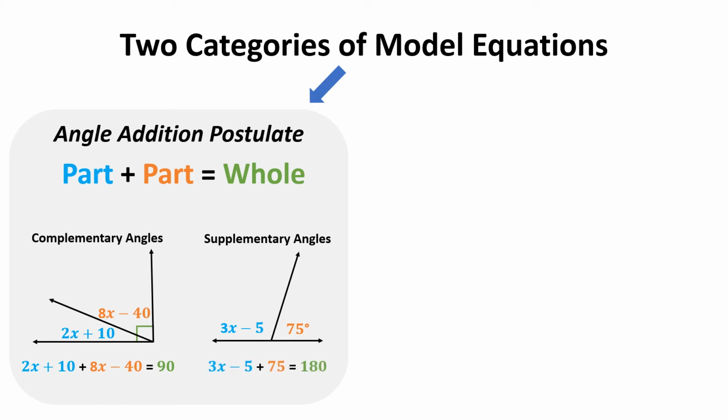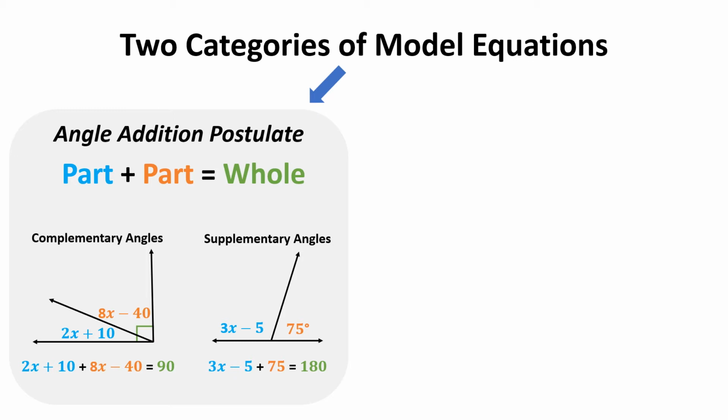You'll notice that that green 180 does not actually show up in our picture. That's because we need to recognize that these angles form a line, and we know that lines inherently add to 180 degrees.